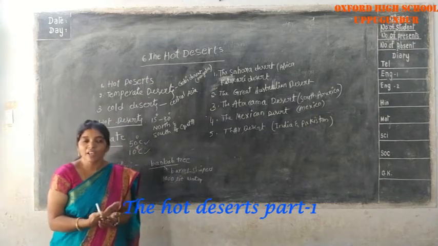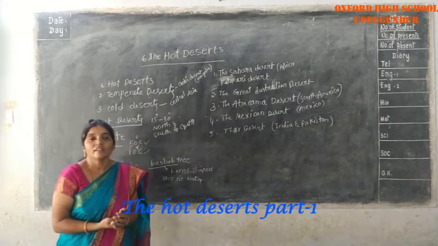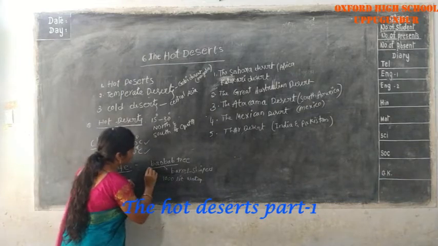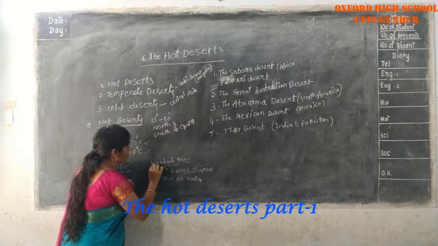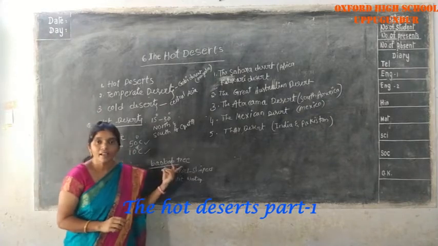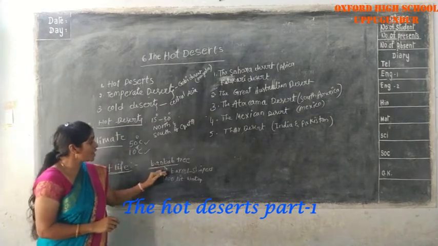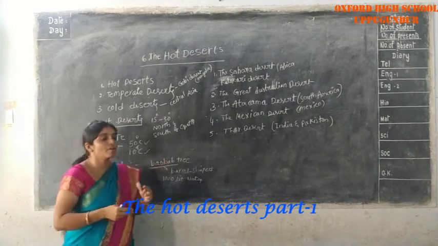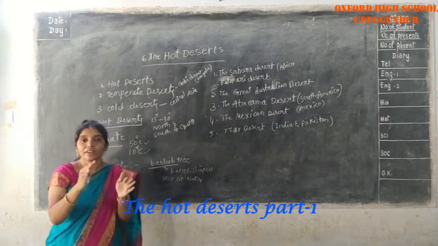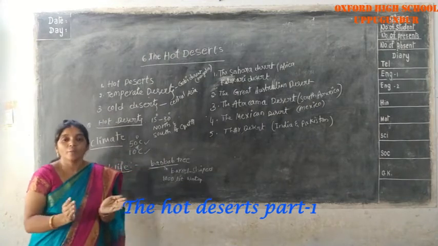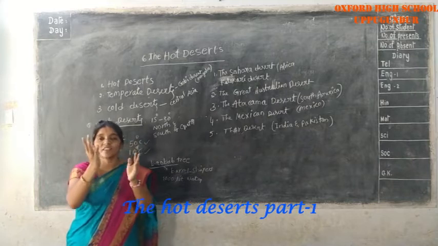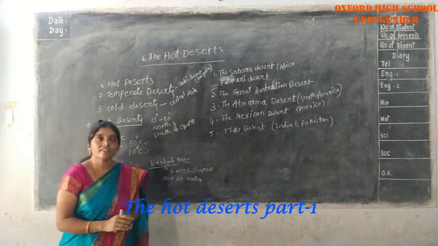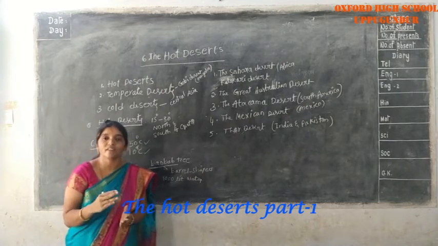One of the most important trees is the baobab tree. This tree has a barrel shape, like a bottle shape. It has small stems and small leaves. Some desert trees have no leaves.